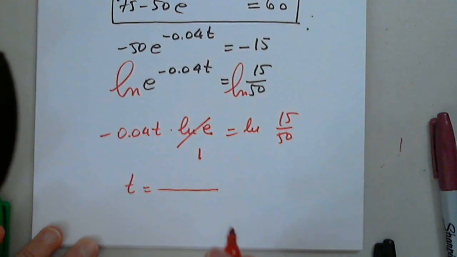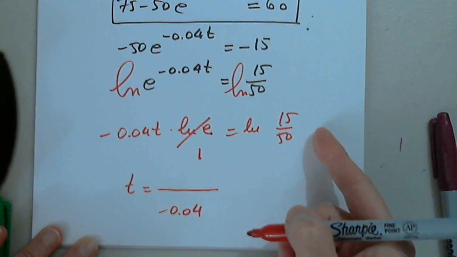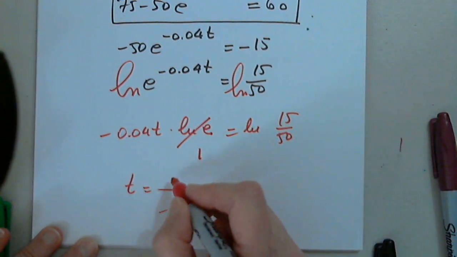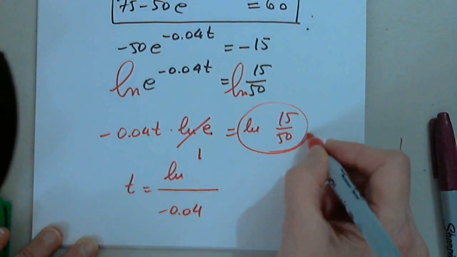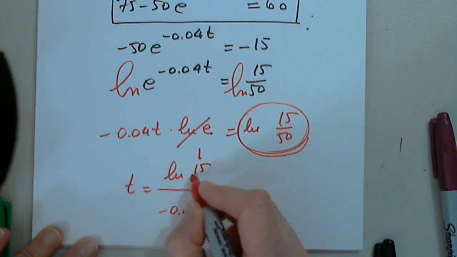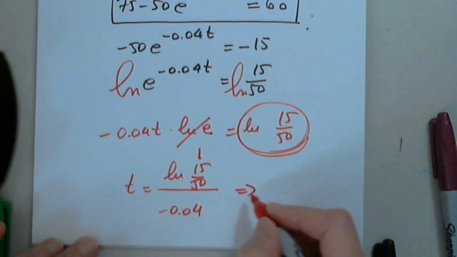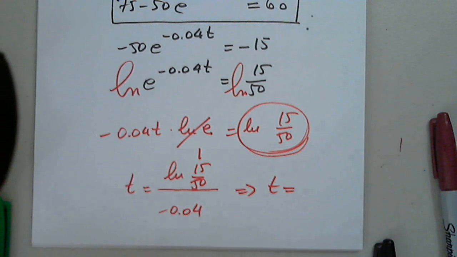Divide by negative 0.04. Make sure that you don't separate anything here. This is a single number. T equals. Careful how you plug it in, please. Let's do this together here. Okay, so we have natural log and we have 15 over 50. Close the parenthesis, divide.